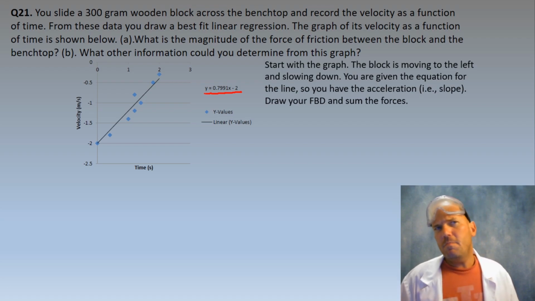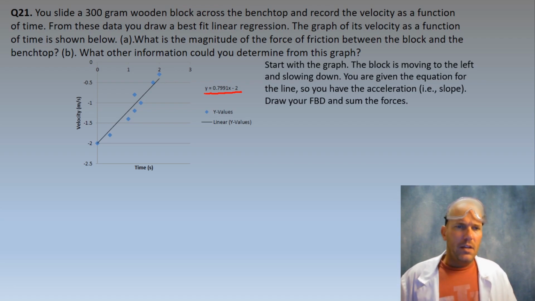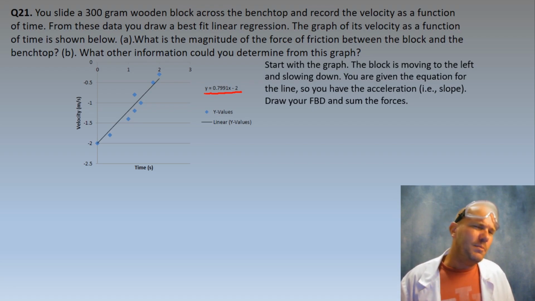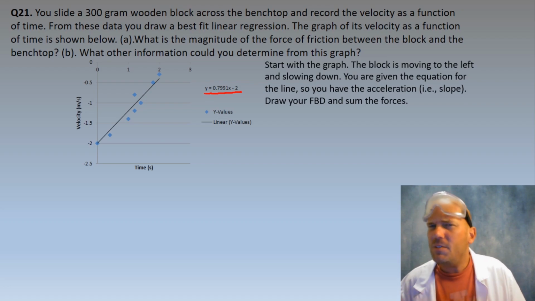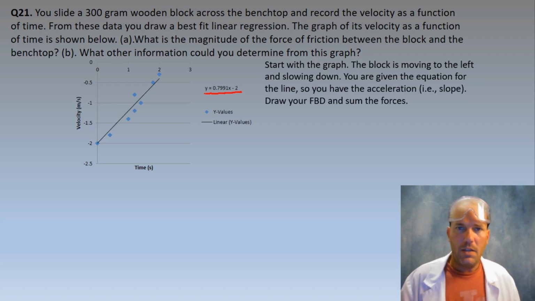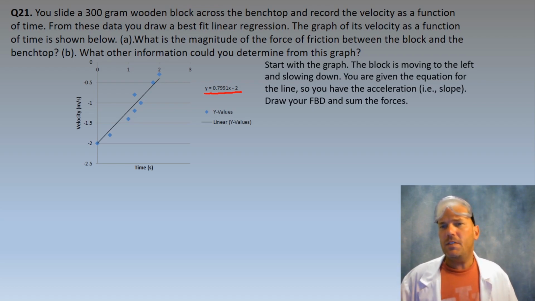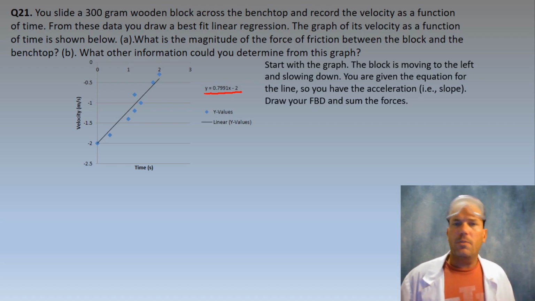So it's moving backwards, but it's slowing down, okay? What would cause it to slow down? If it's moving to the left, then an acceleration to the right must be exerting a net. There must be an external net force causing the object to decelerate. We know we can look at the slope here, and the slope will give us the acceleration.